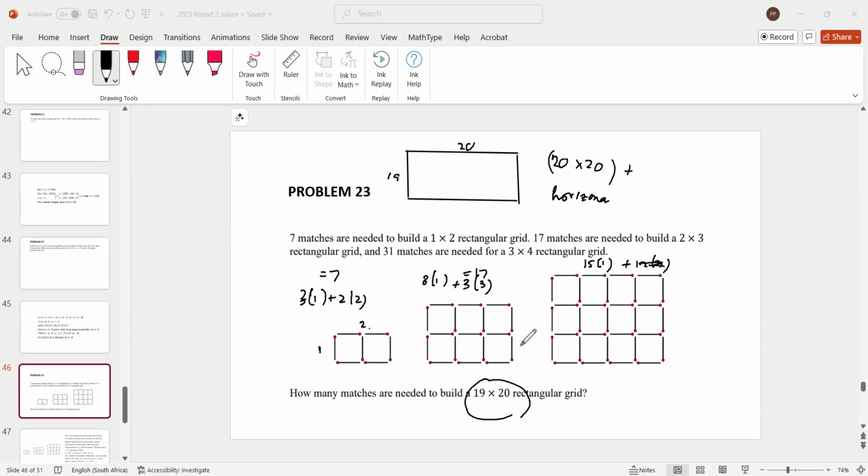The vertical matches will be, now you look at how many verticals you've got. Although this is 2 by 3, you've got 4 verticals.